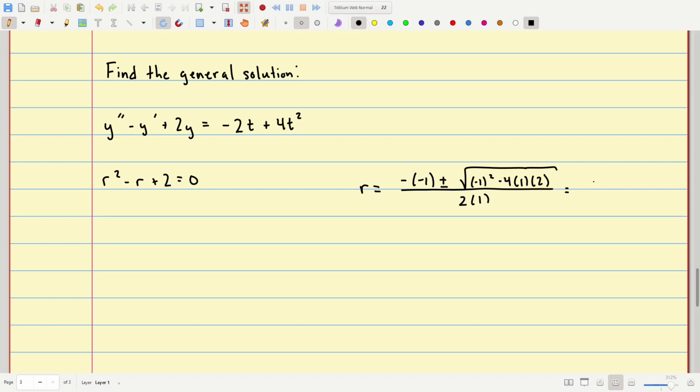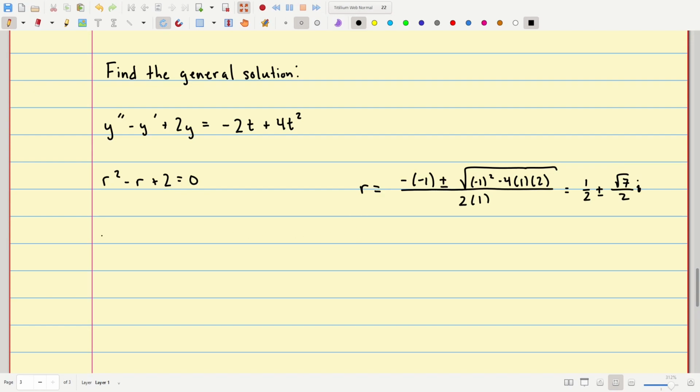If we look at this expression, we're going to get 1/2 plus or minus what's going on with the term here. We're going to get 1 minus 8. And because we have 1 minus 8, it's going to be the square root of 7 underneath the radical, all over 2. There's going to be a minus sign on that 7, so that's going to turn into the imaginary unit i.